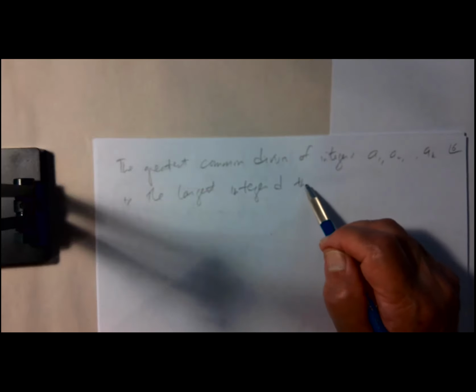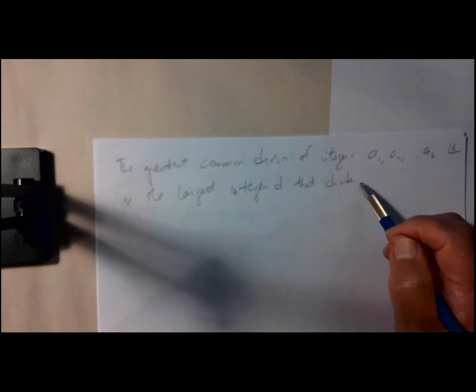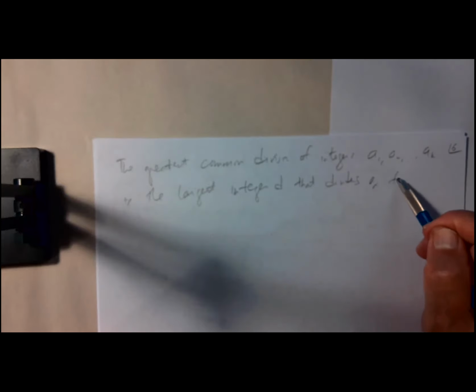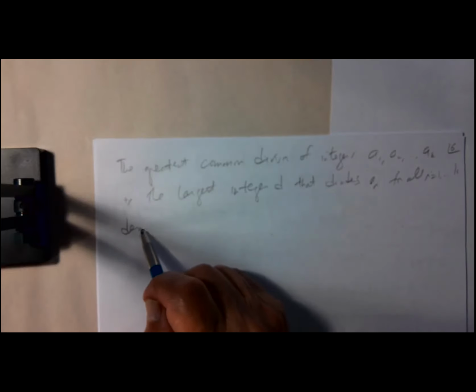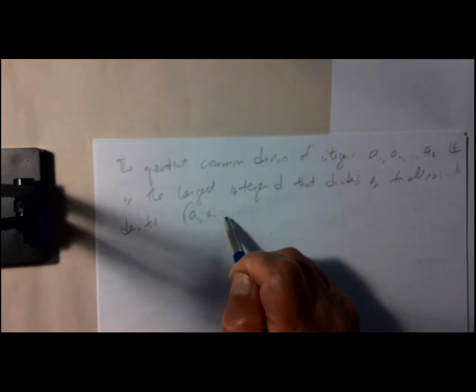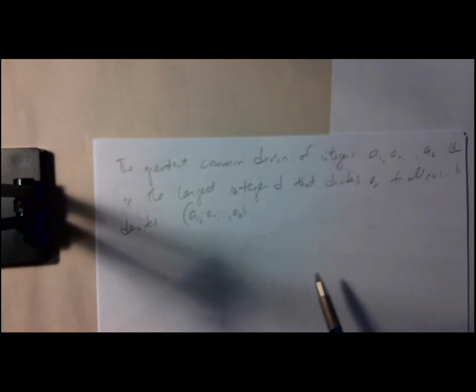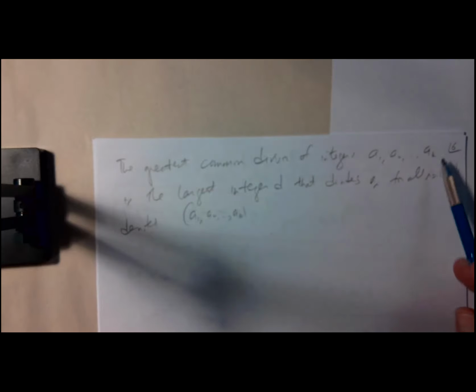It's the largest integer d that divides ai for all i from 1 up to k. And we denote this greatest common divisor by (a1, a2, ..., ak). So this is the largest number that divides all of these.